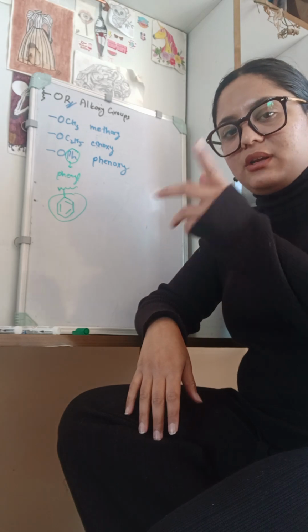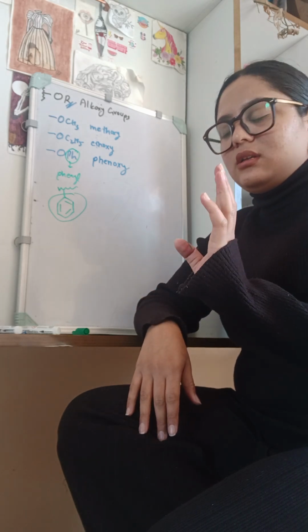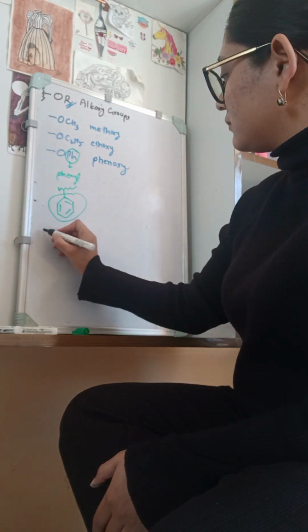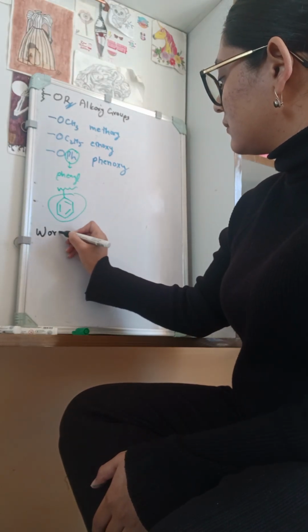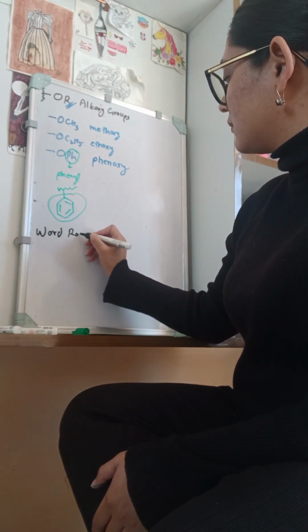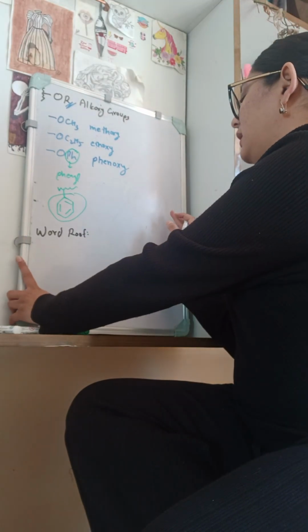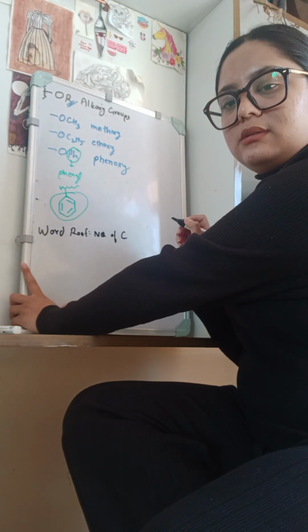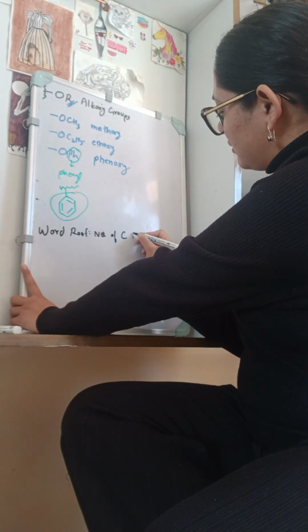We'll study the secondary prefixes later. After the prefix, we have the word root, which is basically the number of carbons in the main chain.